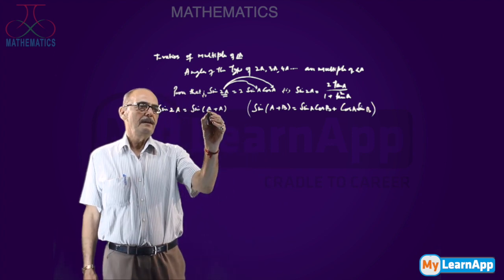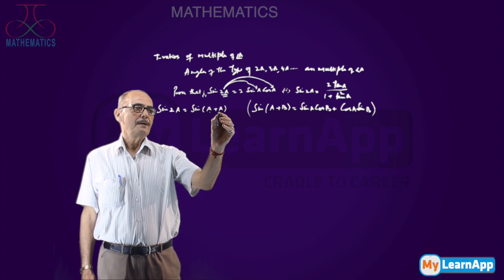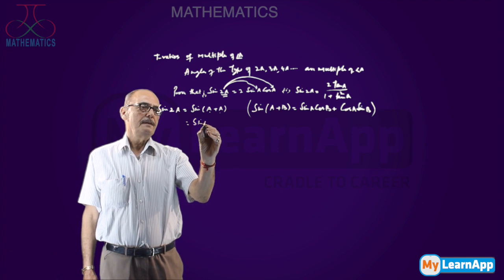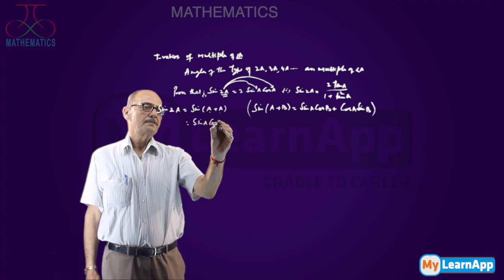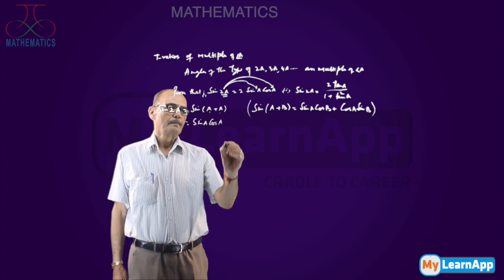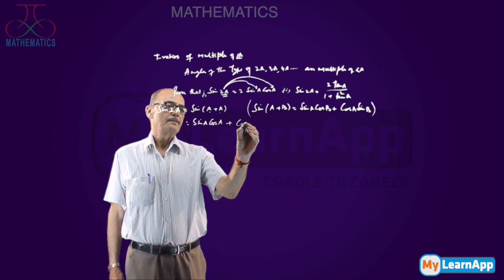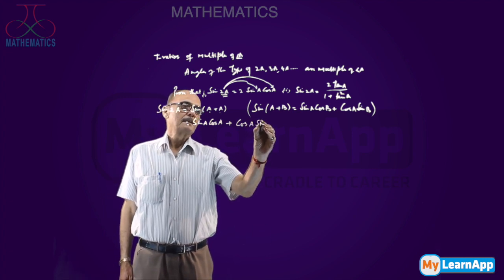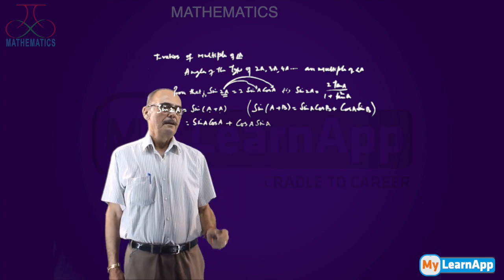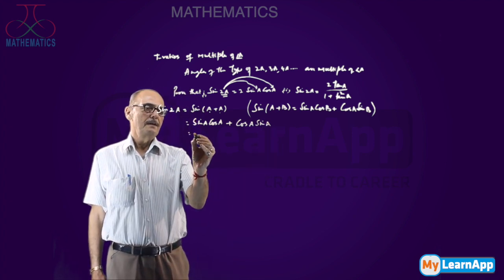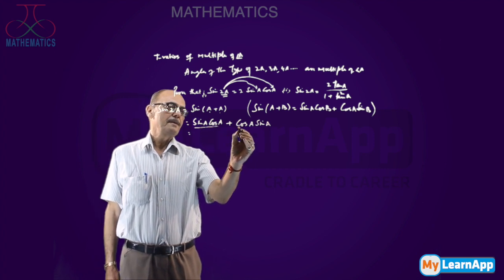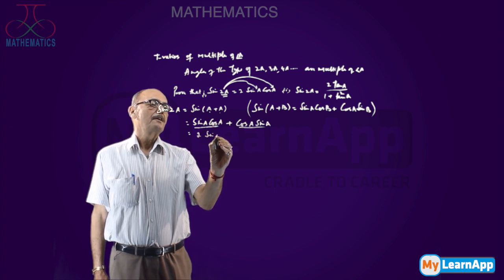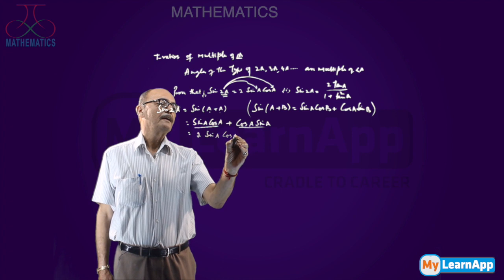Here the first angle is A, the second angle is also A. So we shall write it as sin of the first angle A, cos of the second angle A, plus cos of the first angle A and sin of the second angle A. If you observe, this term is the same as this, so we can write this as twice sin of A cos of A.